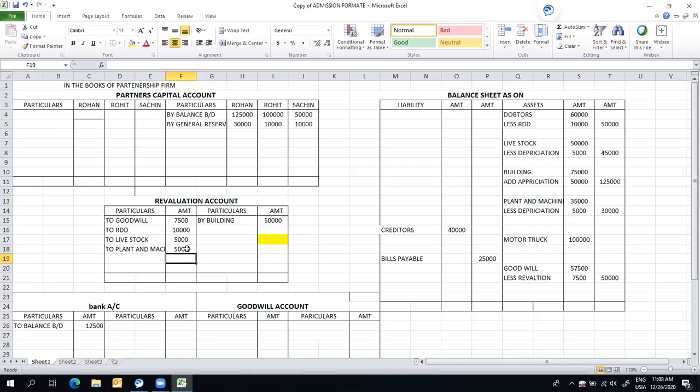And the last is motor truck. Motor truck 95,000. It was 1 lakh. Now it became 95,000. So it must have depreciated by 5,000. 5,000 से कम हो गया होगा, इसलिए तो 95 हो गया.